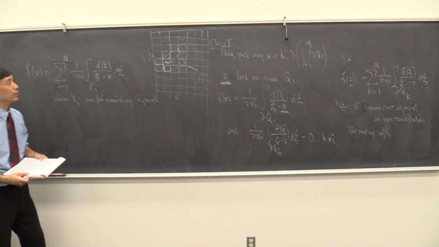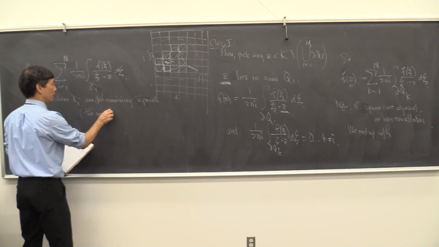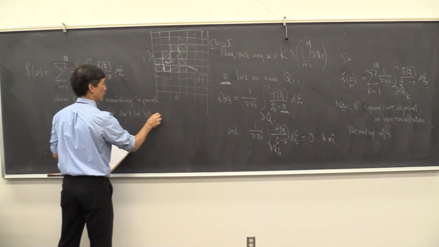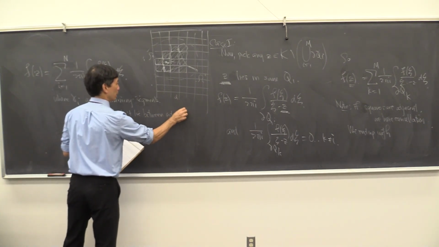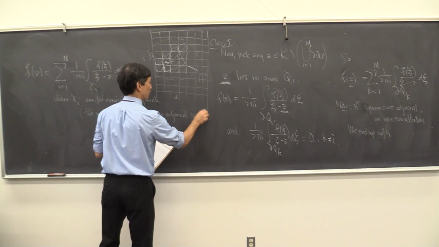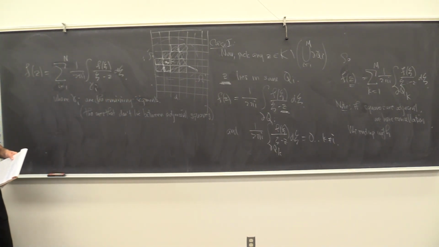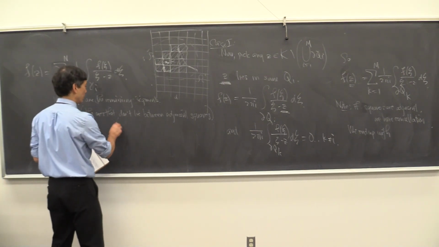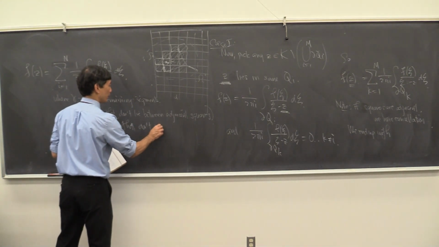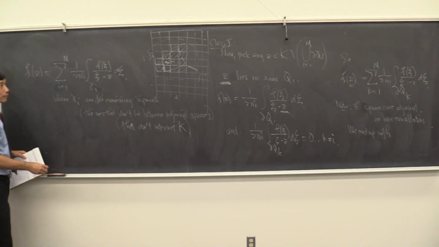Right, the ones that don't lie between adjacent squares. In other words, the ones that don't intersect K.